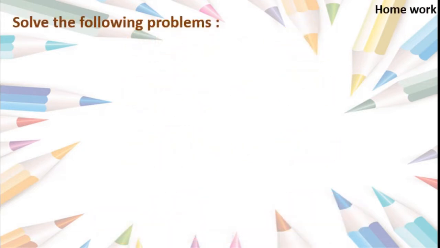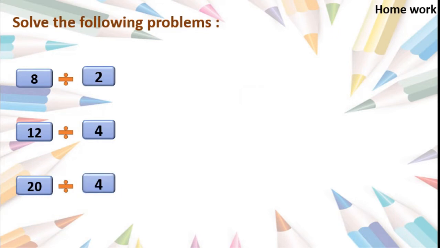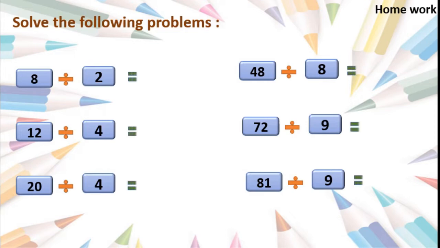Solve the following problems. This was the homework for the last lecture. Please verify your answers. These were the questions of last lecture's homework. Okay, we will write the answers for these.